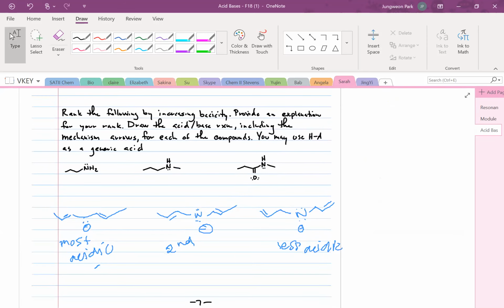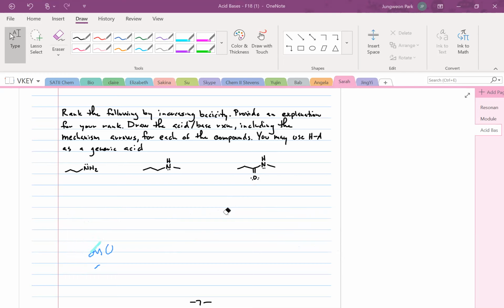I can't erase my work. All you have to do is, when you go to annotate, do you see erase? If you hover over erase. Yeah, I got it. That's so weird.